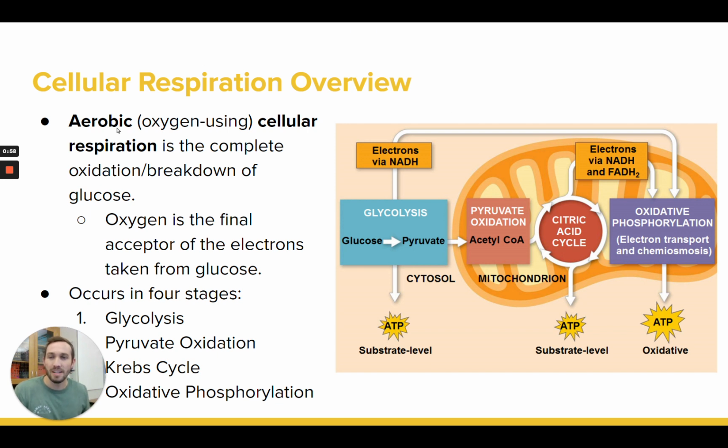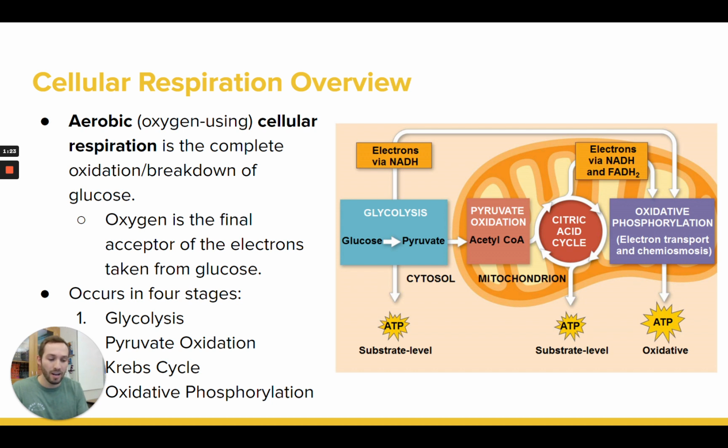Aerobic means using or requiring oxygen. It's an oxygen-using process. There are anaerobic processes that can take place without oxygen, but that's different, and we're not going to talk about that until later in the 3.2 notes.